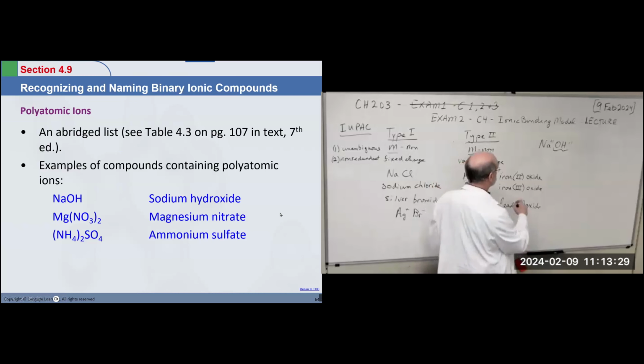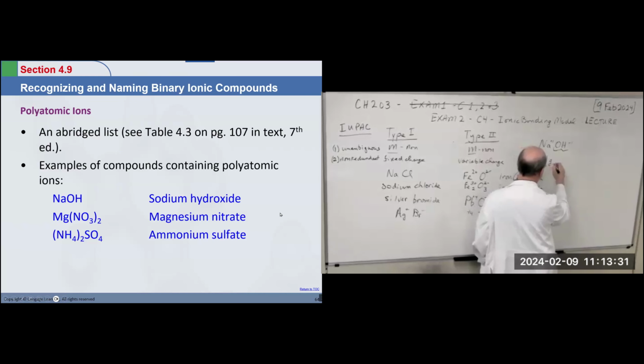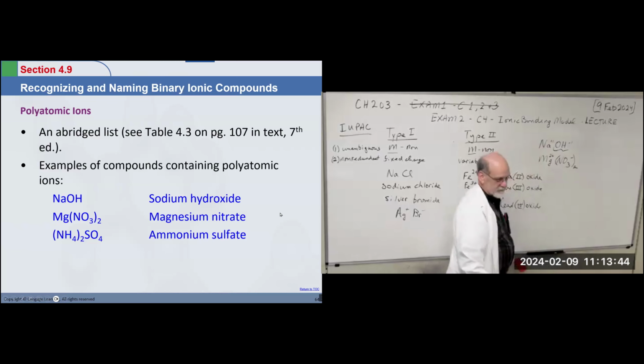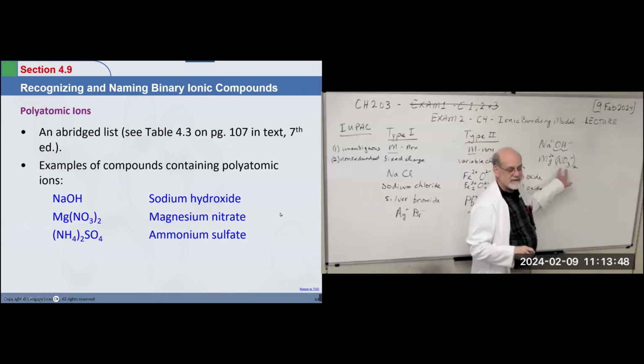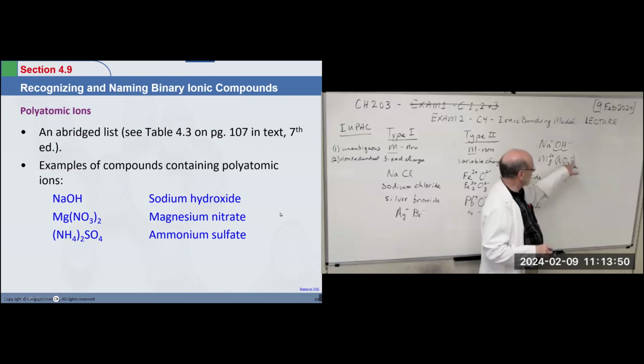Magnesium nitrate. Nitrate is a polyatomic ion with a -1 charge. Magnesium has a 2+ charge. Right? So we need 2 of those. The polyatomic ions act as a unit. We put the negative charge out here, but it doesn't belong to the oxygen.